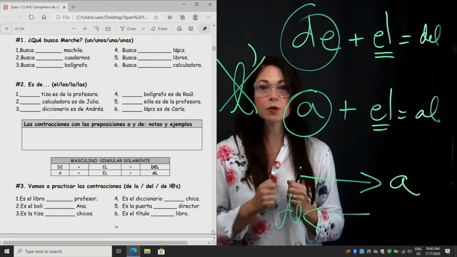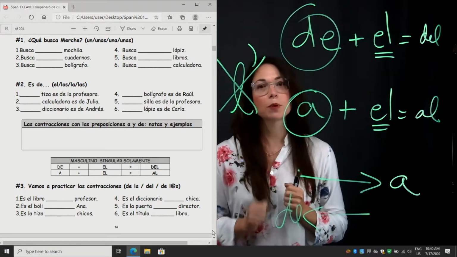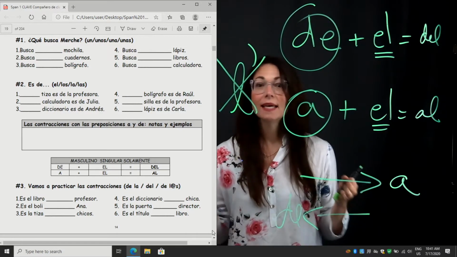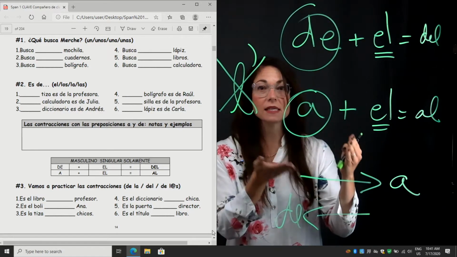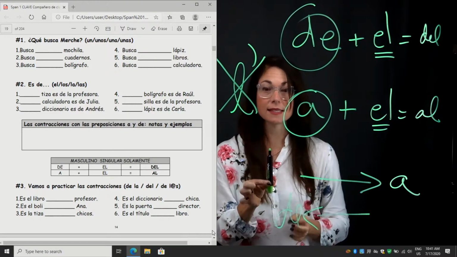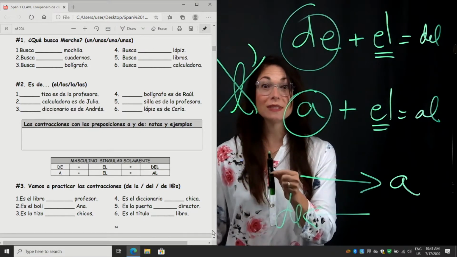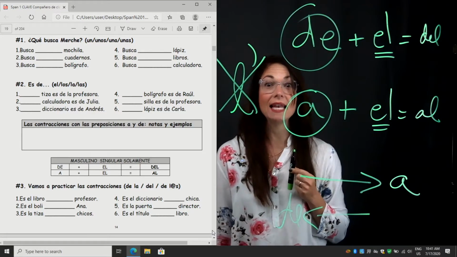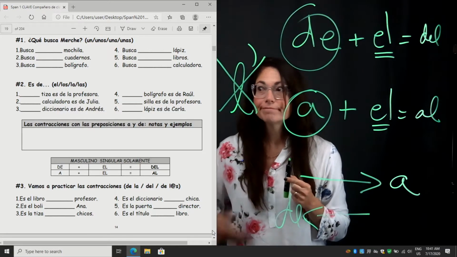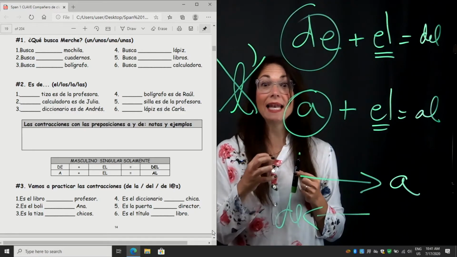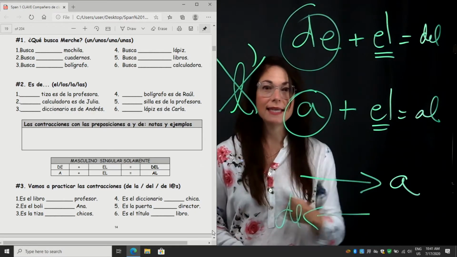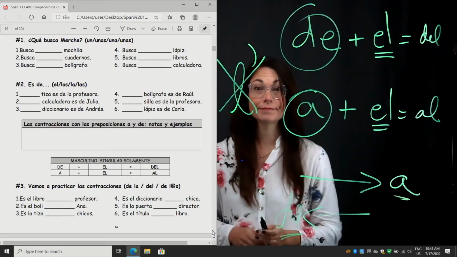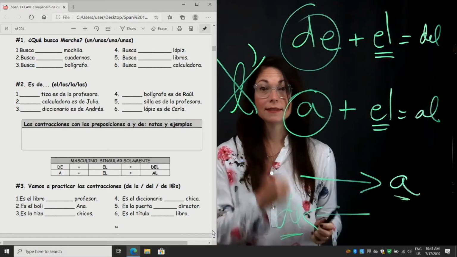Now, de la profesora, de las profesoras, de los profesores. Again, only with masculine singular. So, es el libro del chico, el lápiz del chico, la manzana del profesor, del, okay? So, a, de, al, del.